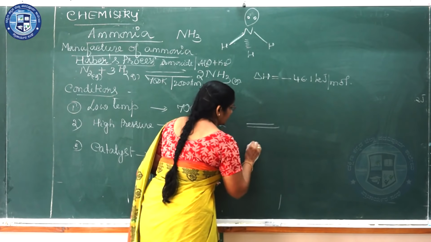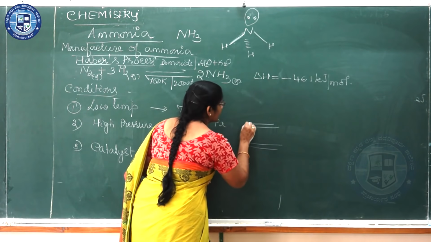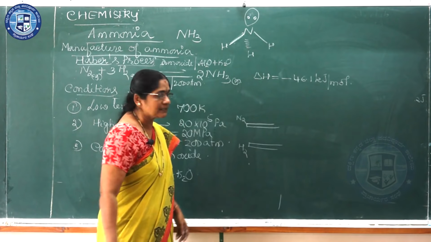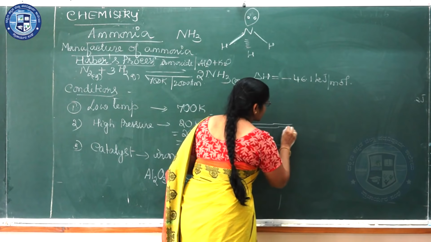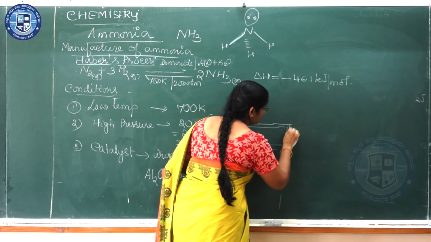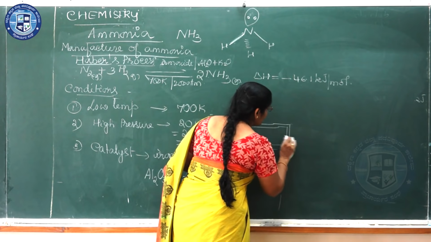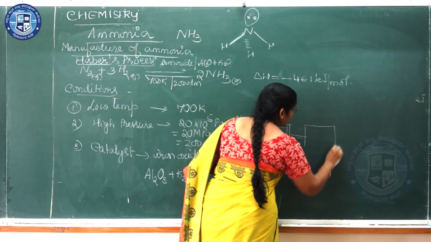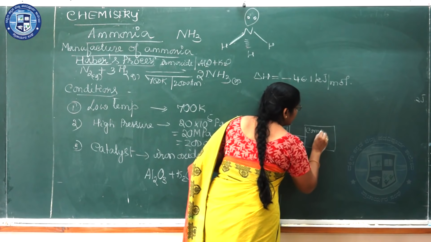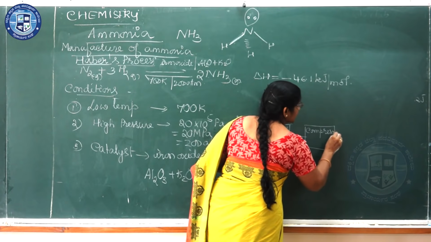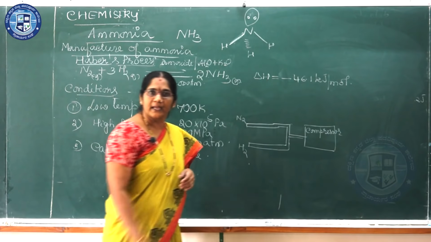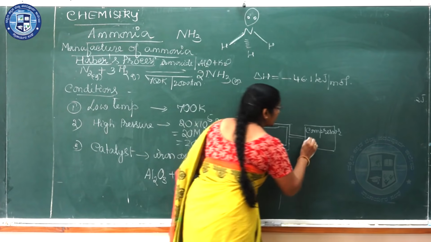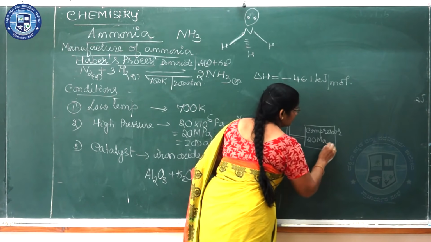So, there are two tubes for the nitrogen and hydrogen inlet. So, these two gases are passed to a tank called compressor, where these two gases are compressed to high pressure of 20 megapascal.